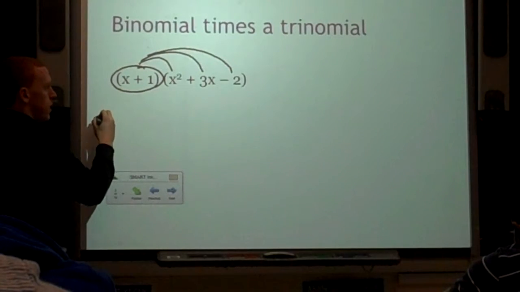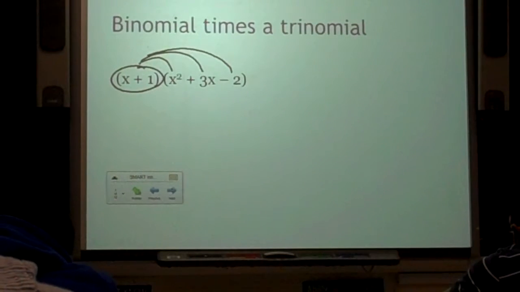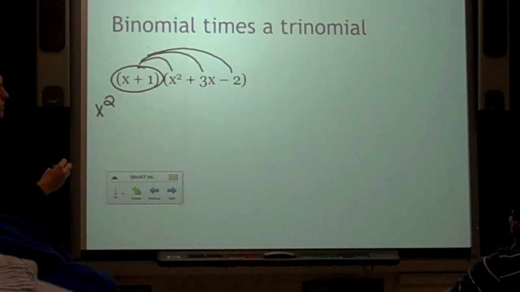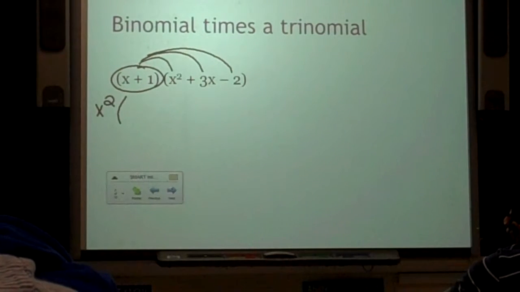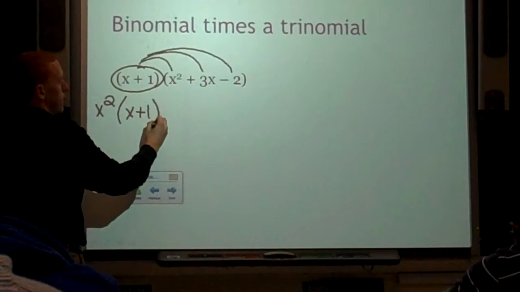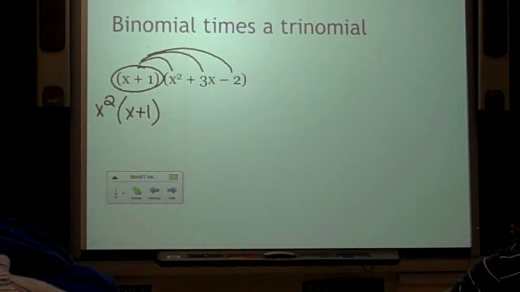Okay, so let's start the process. What do I have first? I have x squared times x plus 1. Remember, we're multiplying by the whole thing, this whole x plus 1.